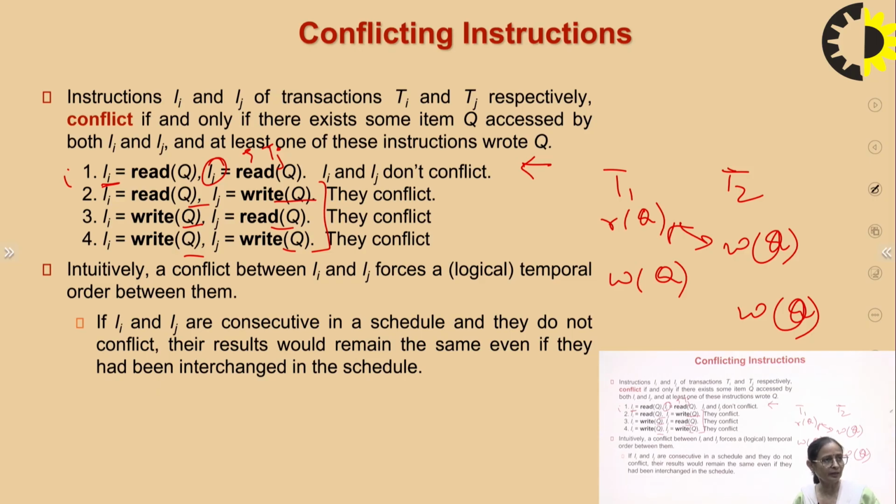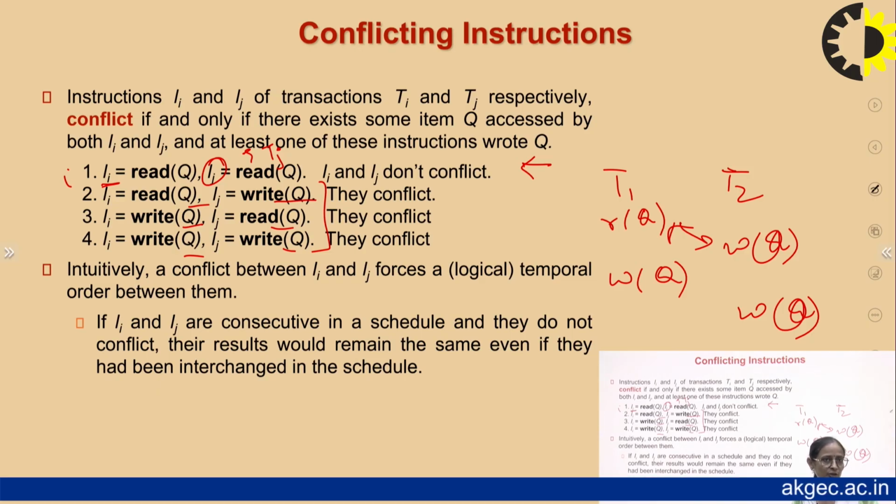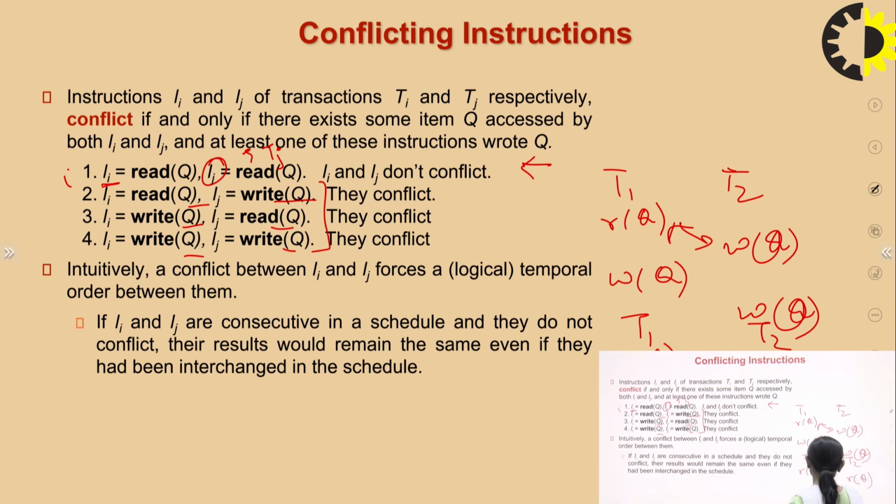That is, if Ii and Ij are consecutive in a schedule and they do not conflict, then their results would remain the same even if they had been interchanged in the schedule. What it implies is that if we swap the order of T1 and T2, the results are still going to be consistent.